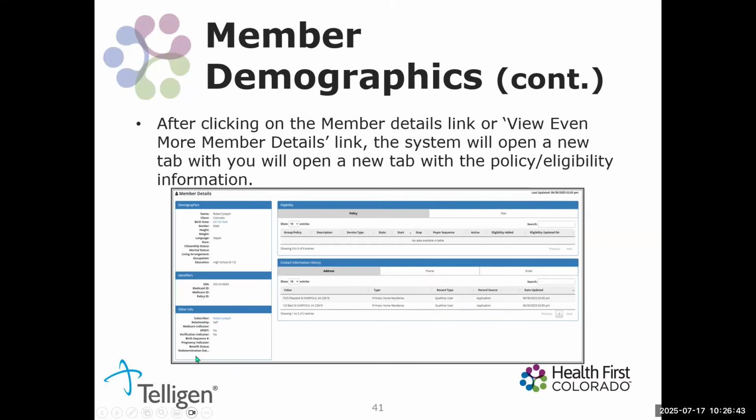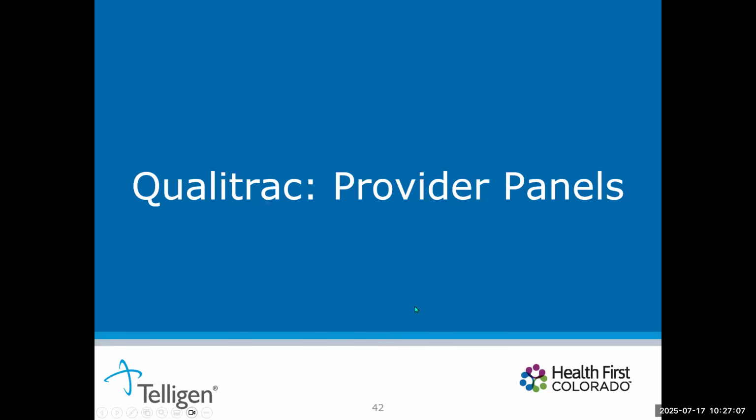Again, any member info, and then here's where you'll find policy and plan information if you need to check, and then also contact information history. So after a year or so, you'll be able to see how many times a member has said to us that they have a new address, a new phone number, or their email has changed, if you need it. I don't see you guys using it much because you have your own system, but I just want to make sure you're aware.